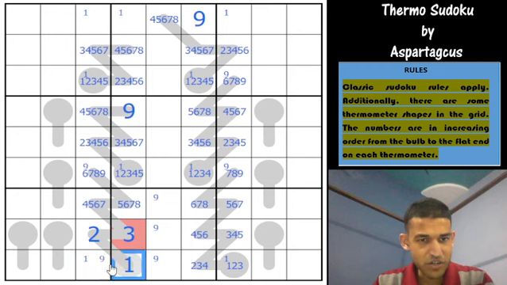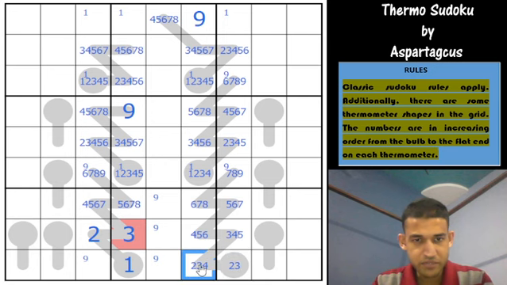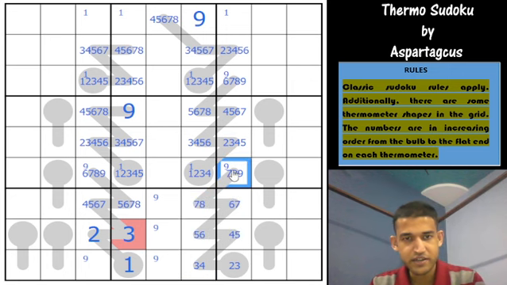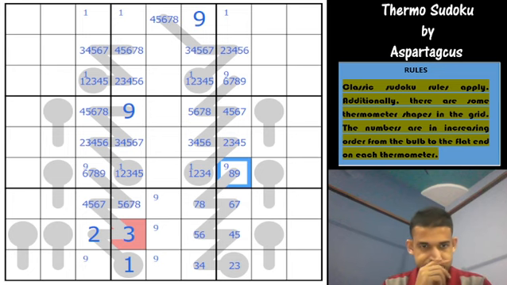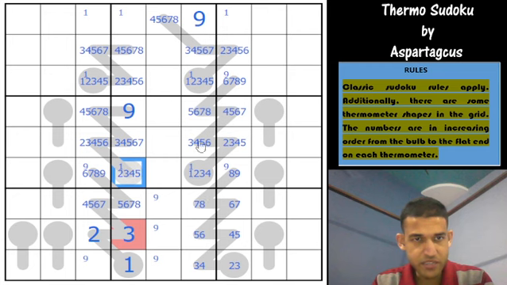So this is not a 1, and 1 gets removed from here. That's 2 3, which means this is 3 4. That's 4 5. That's 5 6, 6 7, 7 8, 8 9. Okay. Now 1 is also eliminated from this cell and this cell because we got the 1. 2 is eliminated from here.